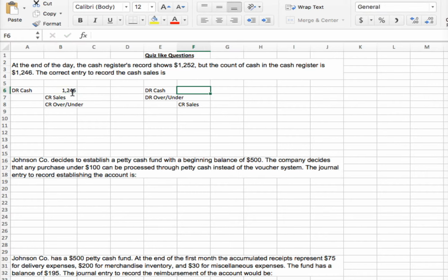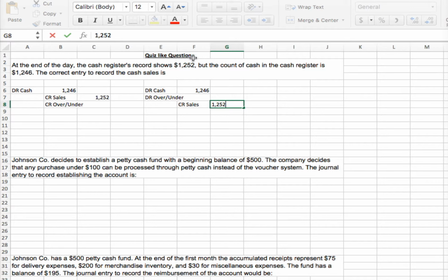So either way, either template, I can put in the cash, and then I can put in what the sales are. This is what should be in cash. Put that over here. And I'm doing it both ways here just so you can see.